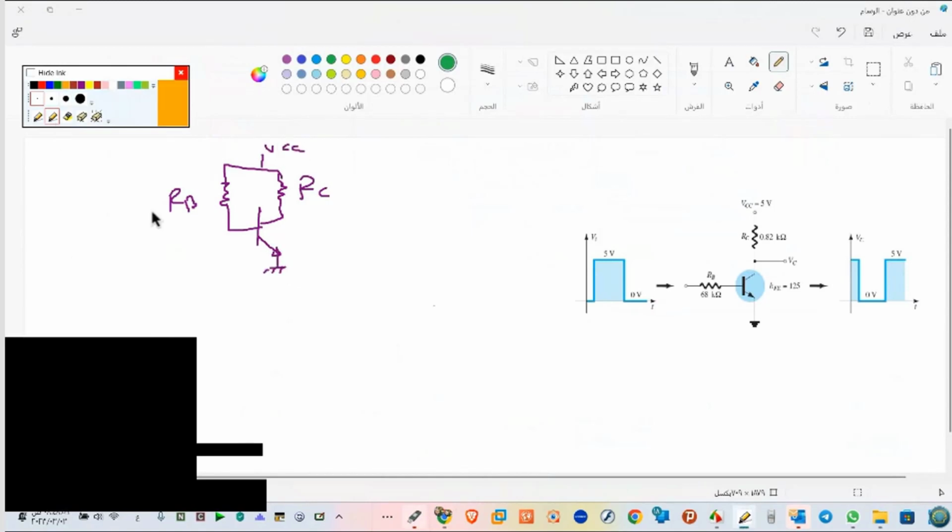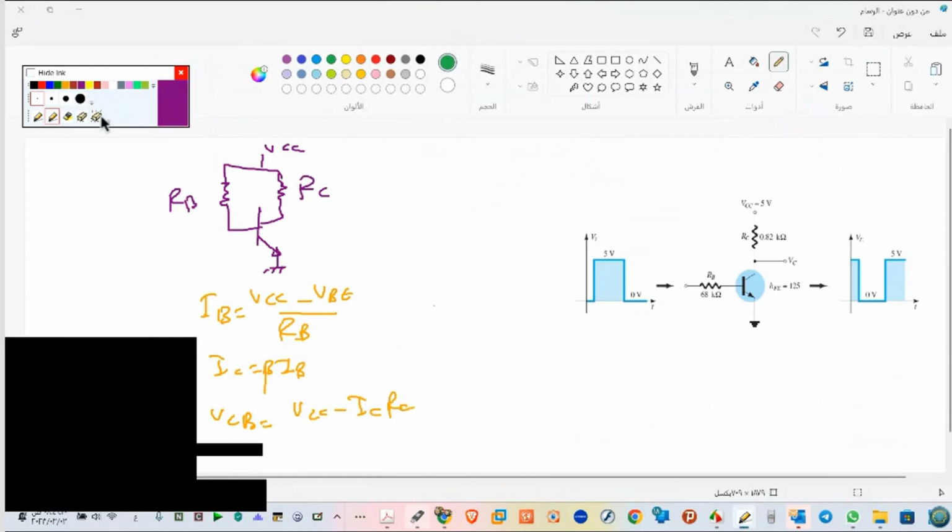If I want to solve this circuit, I will start from input. I will write IB equals VCC minus VBE over RB, IC equals beta IB, then VCB equals VCC minus IC RC. So I started from input to the output.